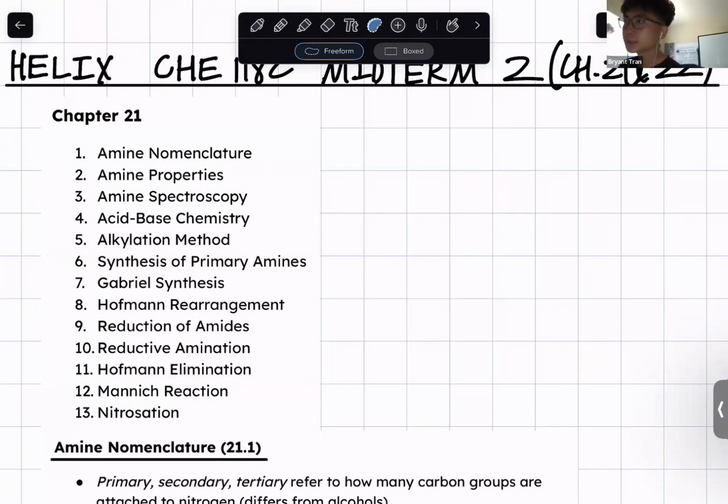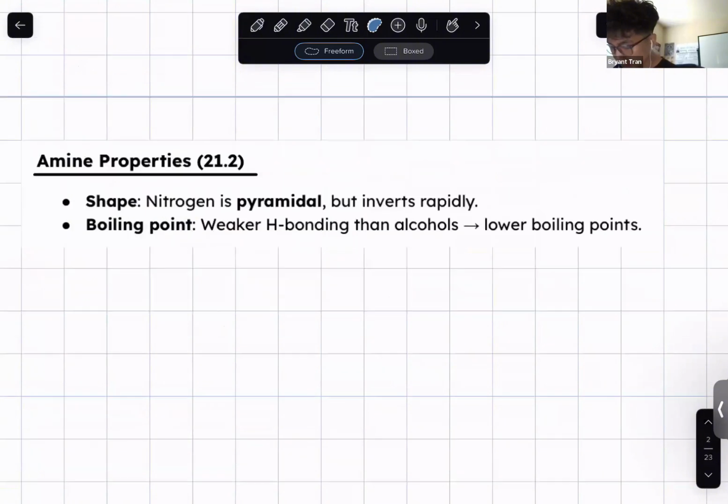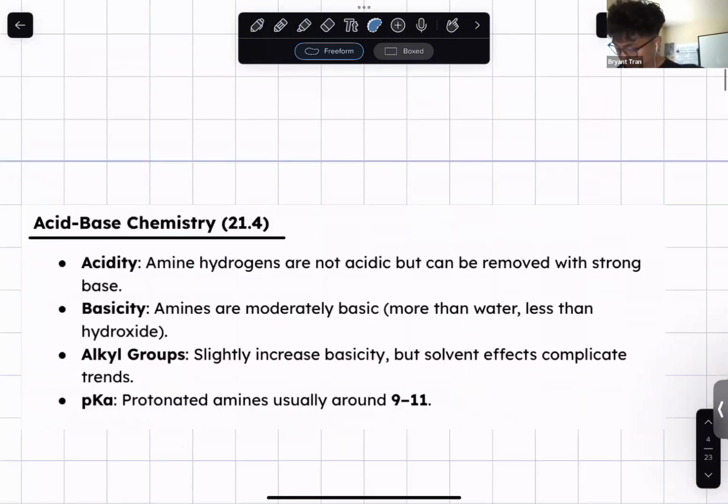So let me just pull this up, to make sure that I teach the Helix 118C midterm material. Okay. So let's get started with the reactions and mechanisms.